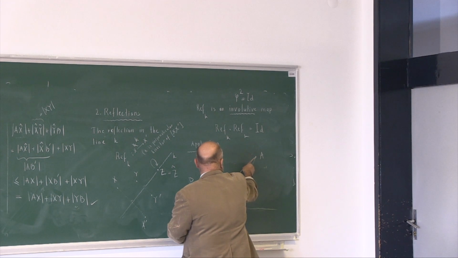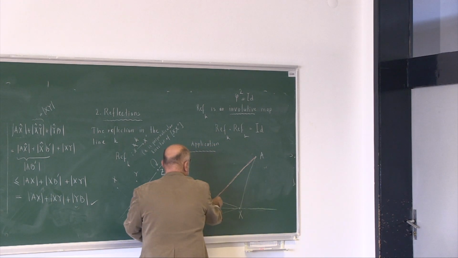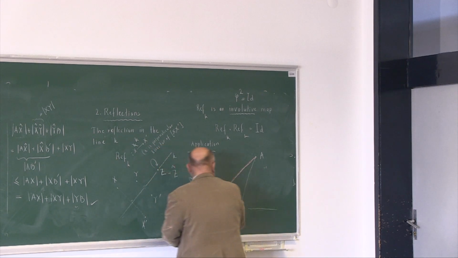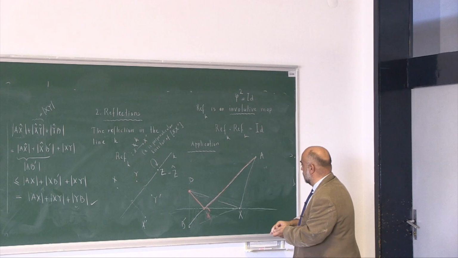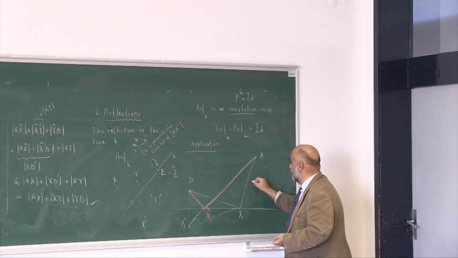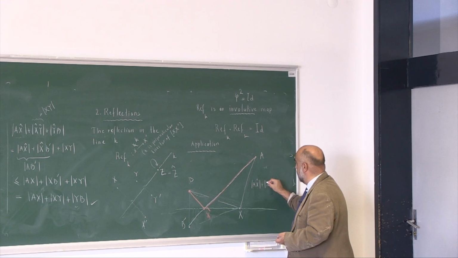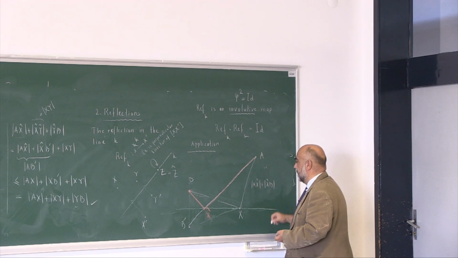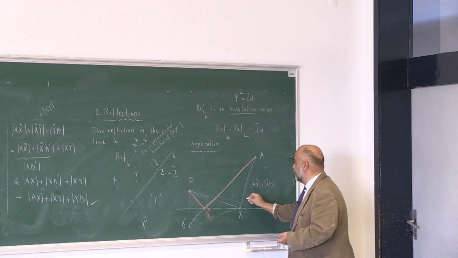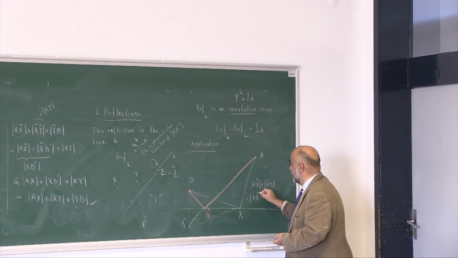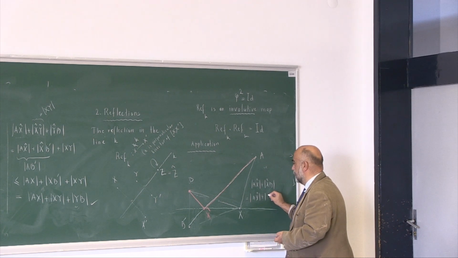So let me show you, because you see, if you take this road, then, let's see, if you go from A to x hat plus x hat B, well, you see, x hat B is in fact the same as x hat B prime.